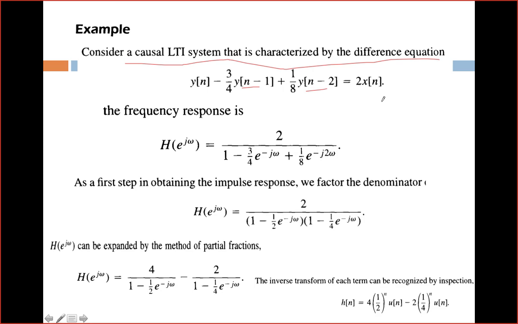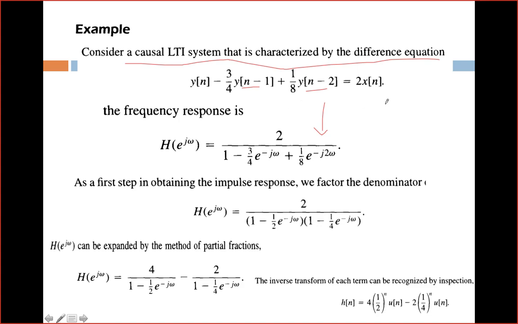In this case we have to take the DTFT and find the transfer function. By seeing this problem, I have directly written the transfer function.